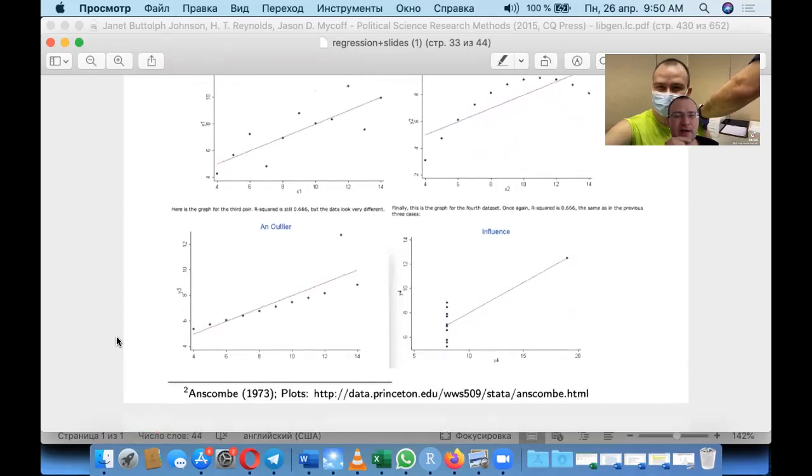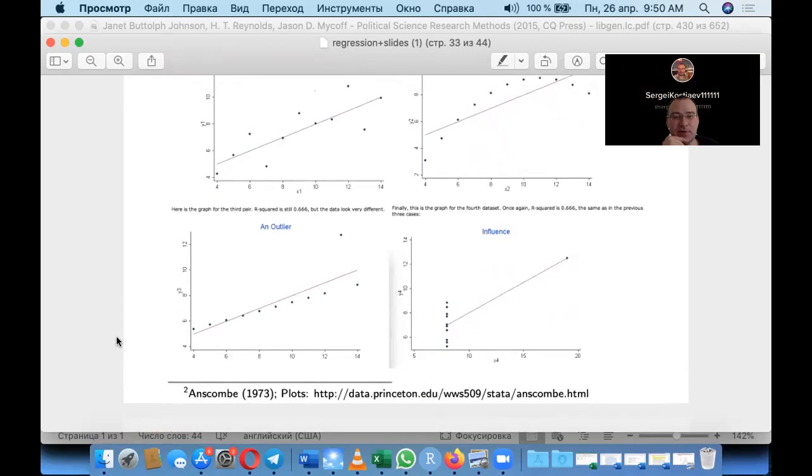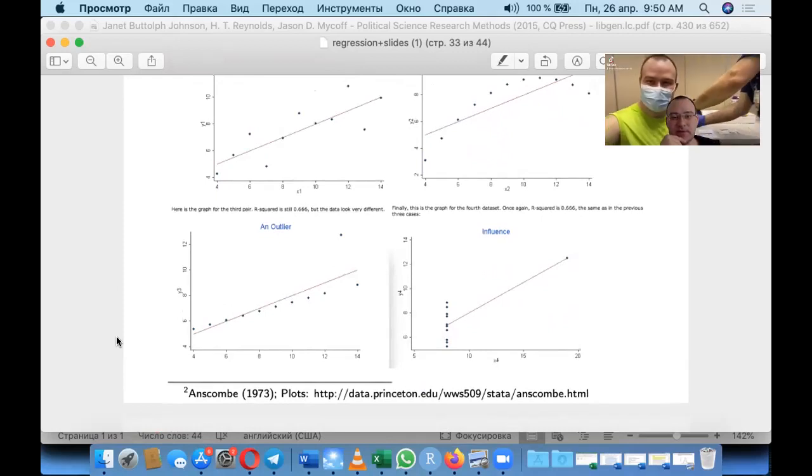And the outlier case is when you have some extreme values, so your regression doesn't fit the data very well. It means it doesn't explain the change in your dependent variable very well. And the last one, for whatever reason, is called influence.